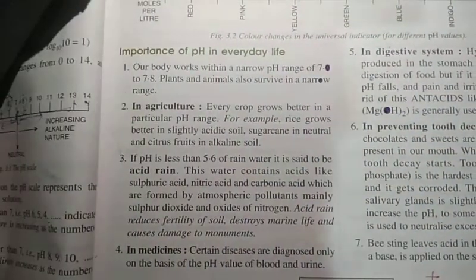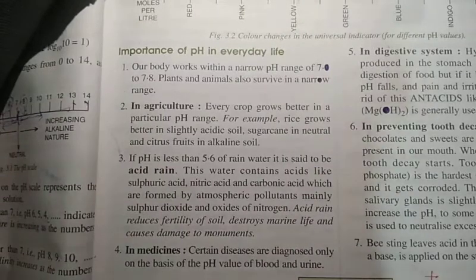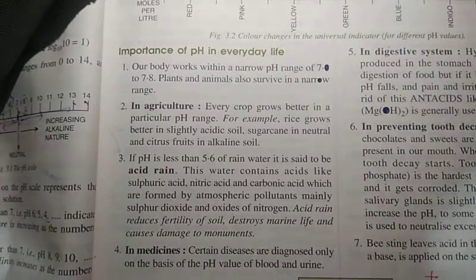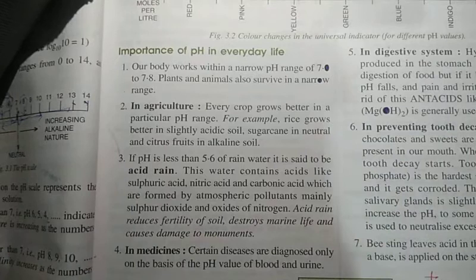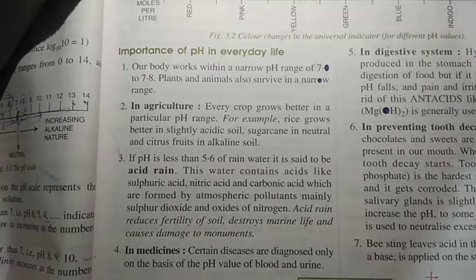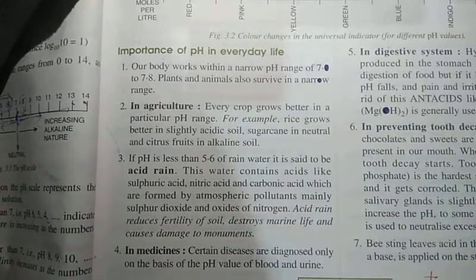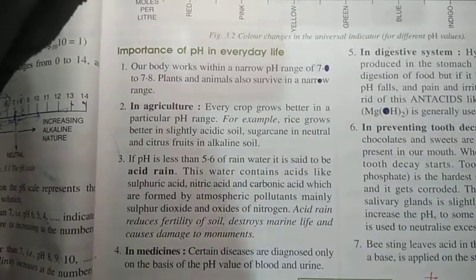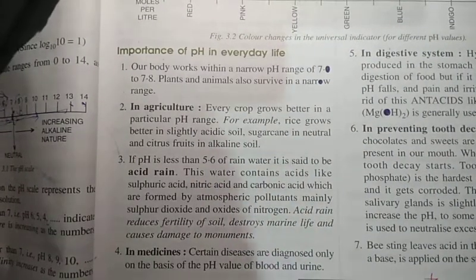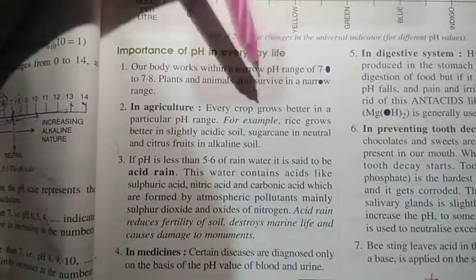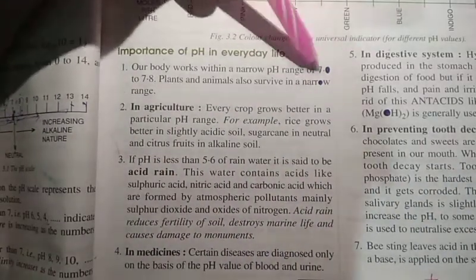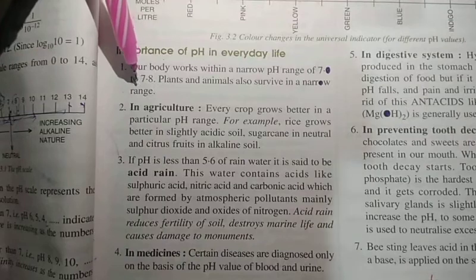It is very necessary, very important to maintain our pH, even in plants, even in animals, because there are a number of enzymes working in our body which need optimum pH and optimum temperature. So it is very, very important, right? Our human body, that pH ranges from 7 to 7.8, right?